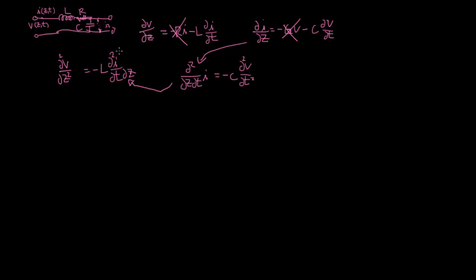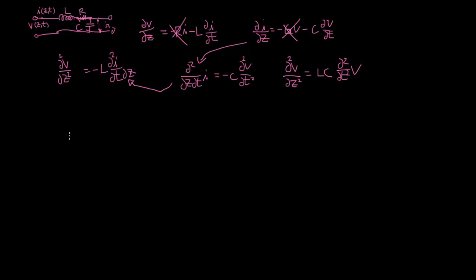We're going to substitute this quantity in there, and now we have the second derivative of V with respect to z is going to be equal to LC d squared V/dt squared. So now we have the second derivative of V with respect to z related to the second derivative of the voltage with respect to time through a factor of LC.